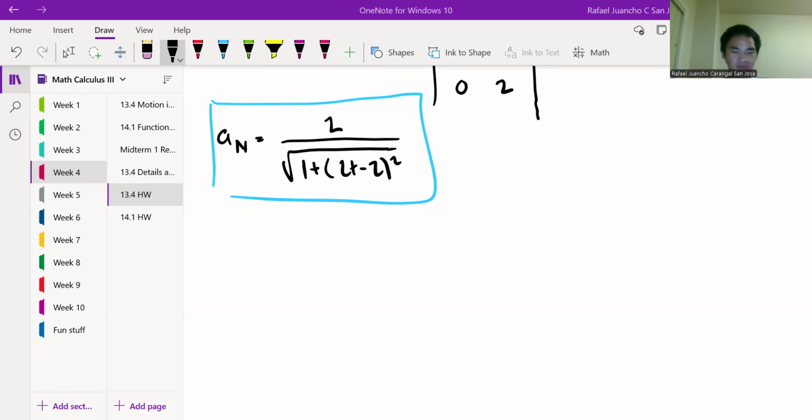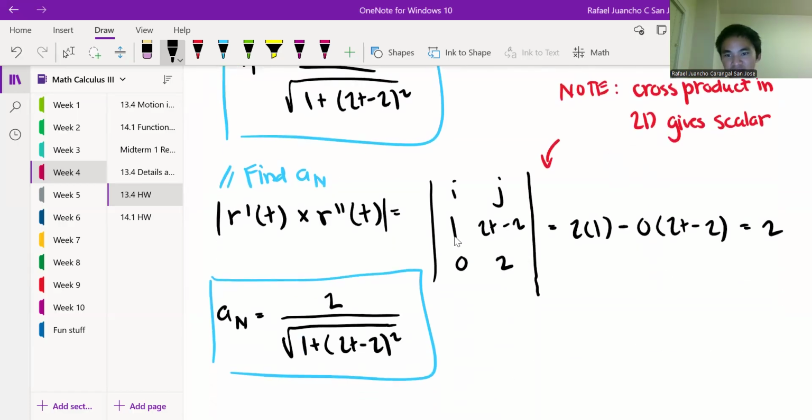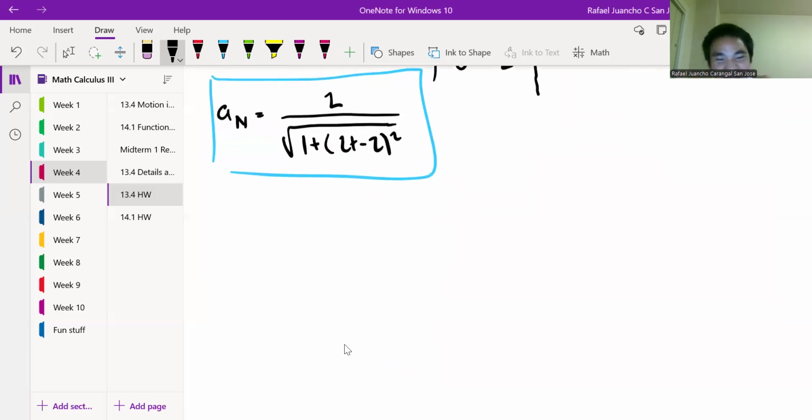And I put, as my denominator, the magnitude of my r prime. Okay, let's see if we got this actually. I'm not too confident, but we'll see. Oh, so we did get it. Okay. So it actually gives a scalar. And we just have to deal with it. Okay, cool.